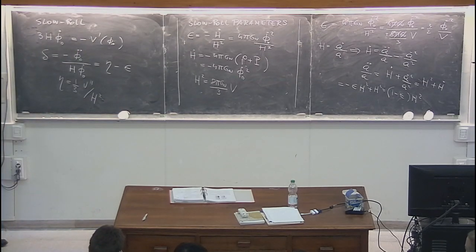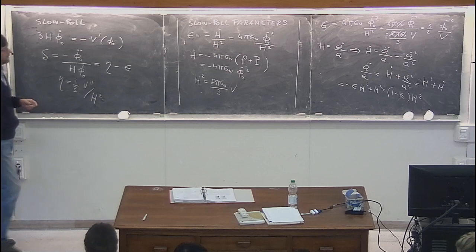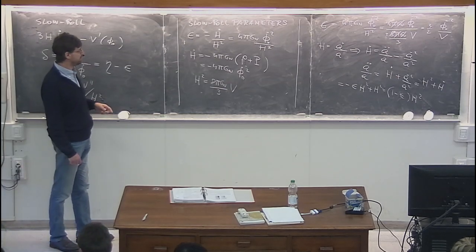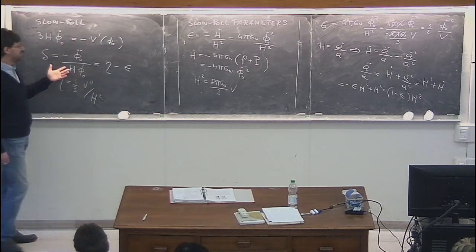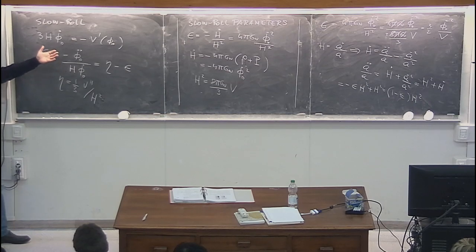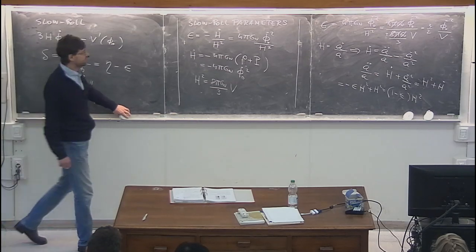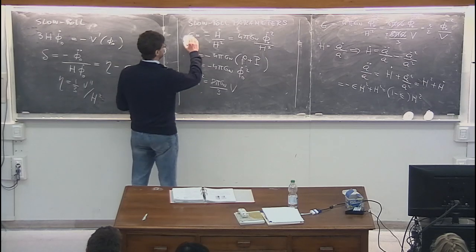Okay? All right. Another important observation that I would like to make is that these parameters, as I told you, are functions of time, but they are changing with time very, very slowly. And you can show it easily.